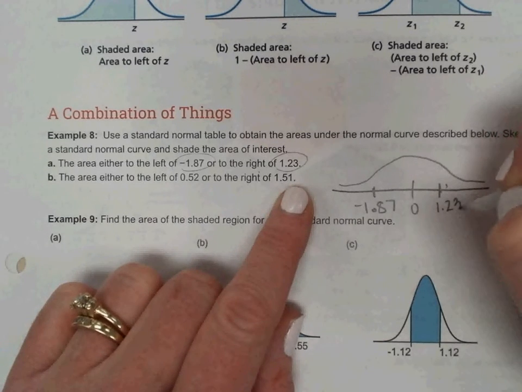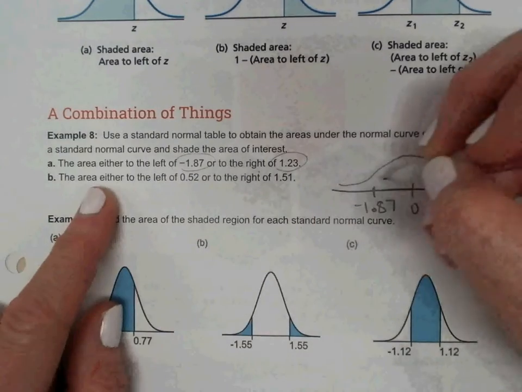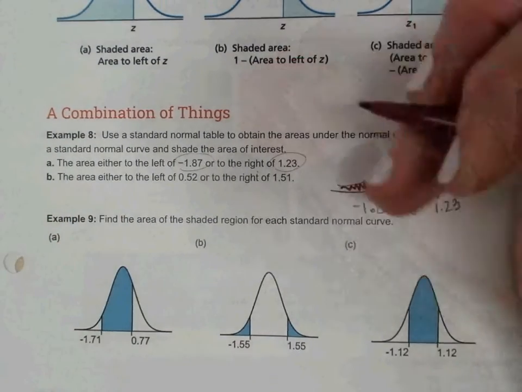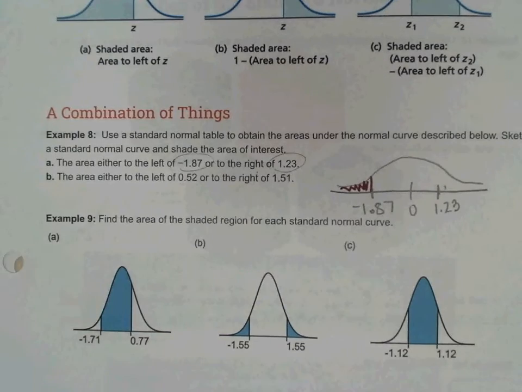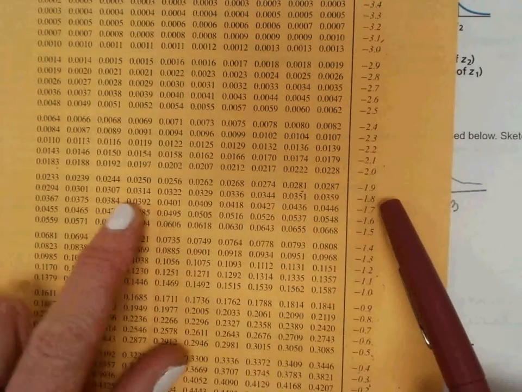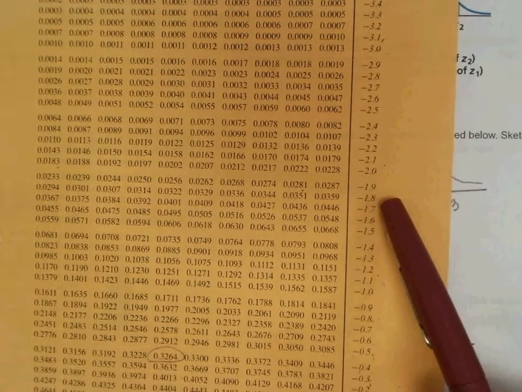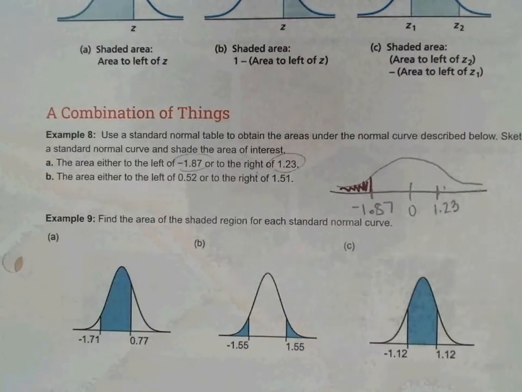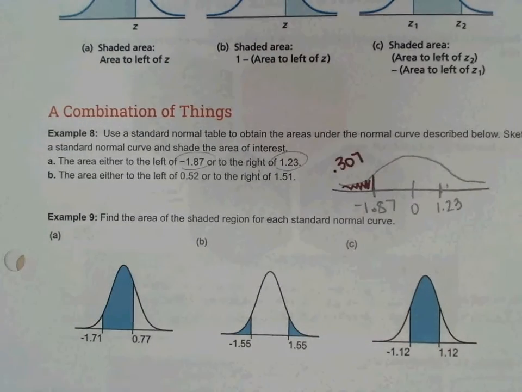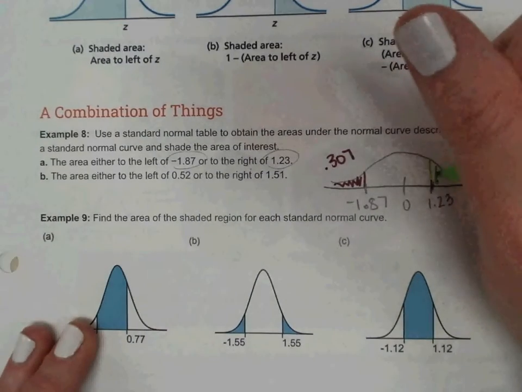And either to the left, so that's going to be this region right here. Simple enough, we just look at negative 1.87 on our chart. Negative 1.87 is 0.0307 for that area. And then to the right of 1.23, we have to look it up.